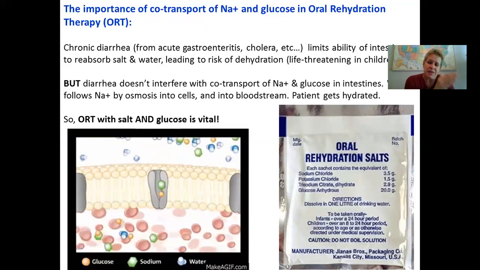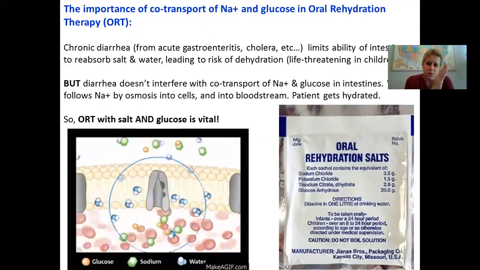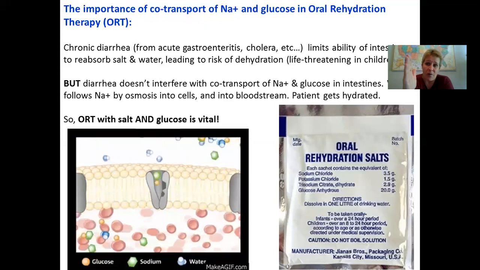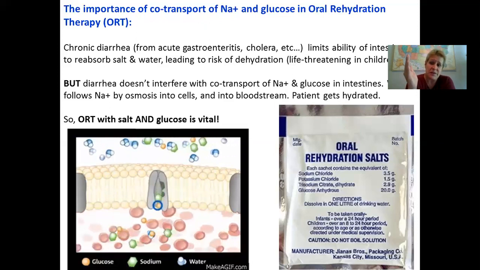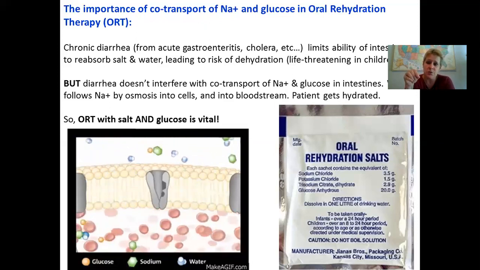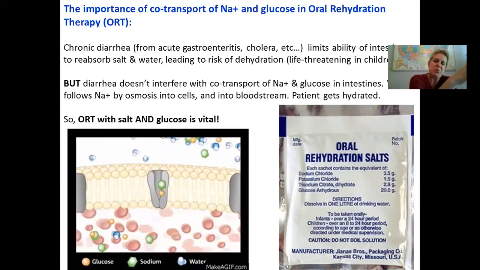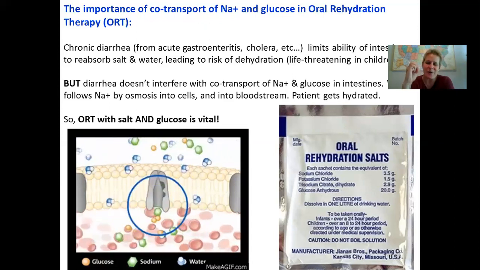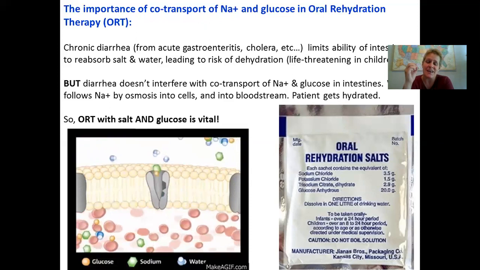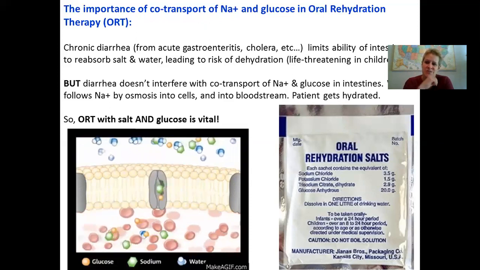The energy saved by that is going to fuel the active transport of glucose across your intestinal wall by active transport. It's going to get into your bloodstream, salt and glucose. That salt and glucose, because it's more concentrated right now, is going to pull in the water by osmosis, and that's how you're going to get hydrated.